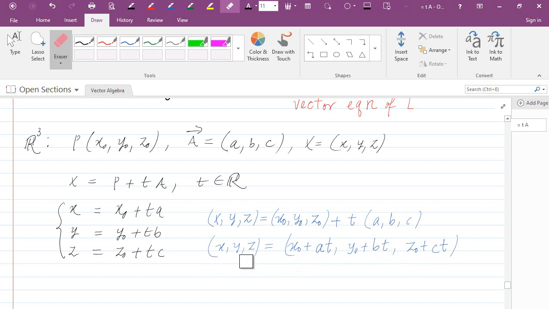So we see that x would be x0 plus t times a, y would be y0 plus t times b, z would be z0 plus t times c. So these are the parametric equations of the line passing through P parallel to A.